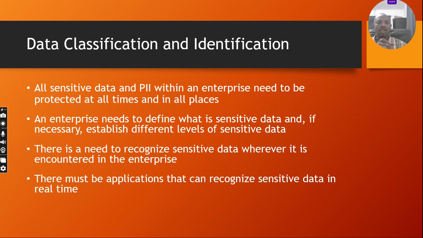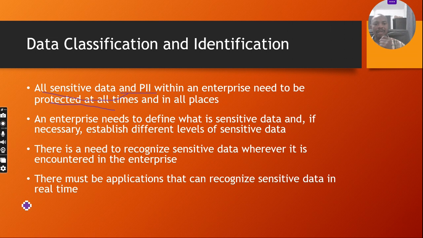The first is to know whether a given data is sensitive data or personally identifiable information within any given enterprise or organization, and that the enterprise needs to protect at all times and in all places. That's the first step in identifying data.